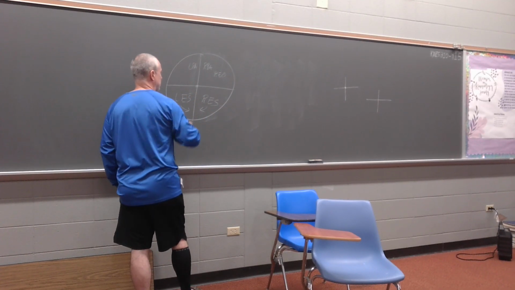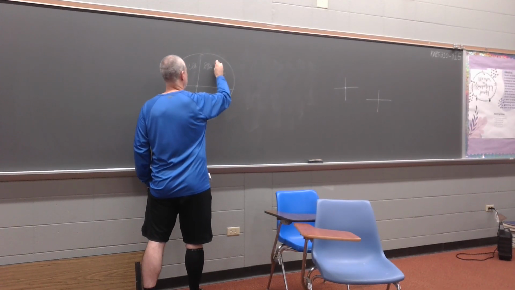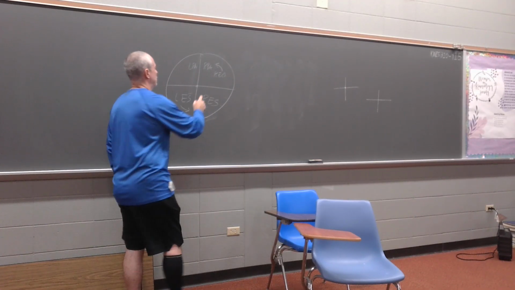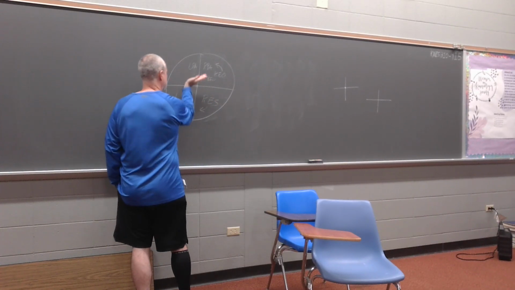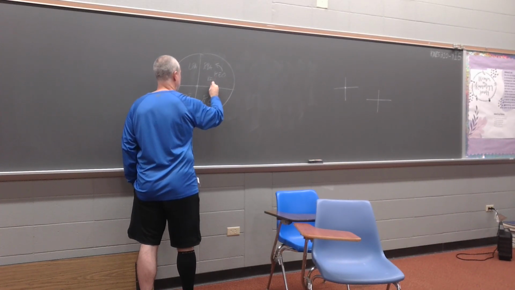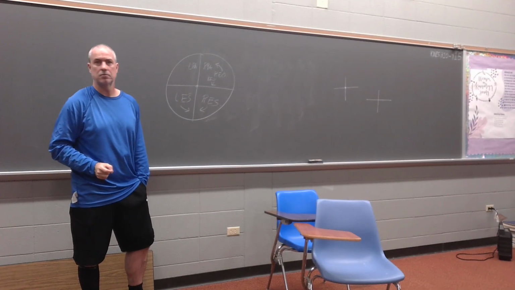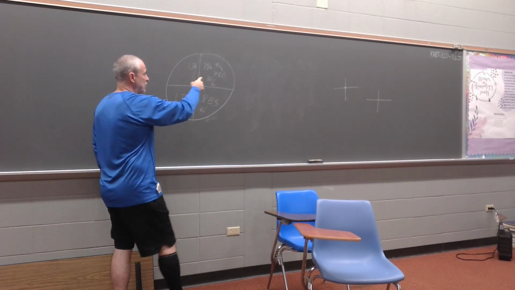Right external oblique: trunk flexor, right lateral, left transverse. Right internal oblique: trunk flexor, right lateral, right transverse. I'm going to flip it up a little bit.